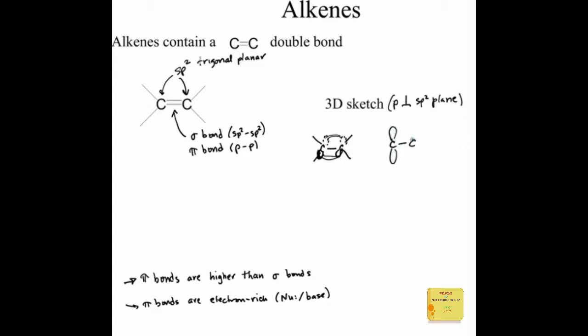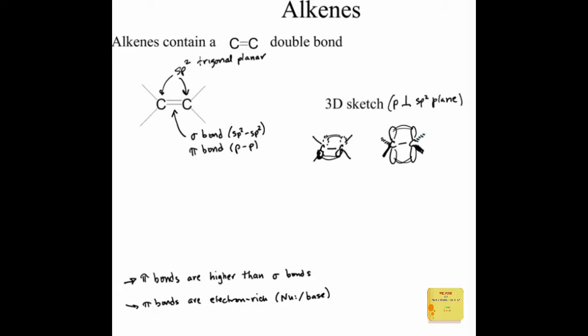So we could draw our p orbitals nicely shaped, and our pi bond, again, top and bottom, shows overlap. Okay, but when we do that, what happens to the hydrogens? Or the sigma bonds, whatever they're attached to. These two are projecting out toward you, and the others are pointing back. So the rest of the molecule is now perpendicular to the plane, and so we need to show them as a dash and a wedge.